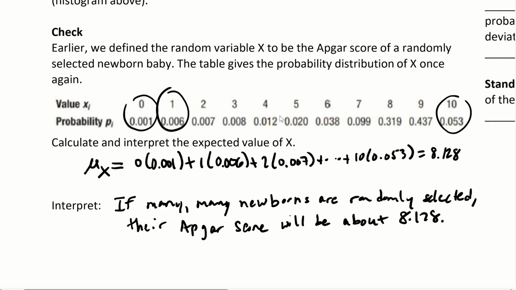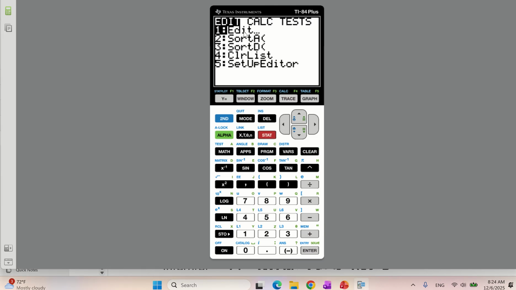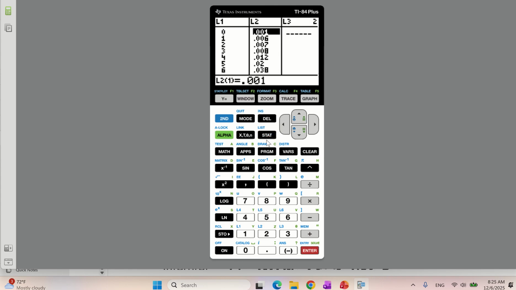Let me show you how to do this on the calculator. This is on the graphing calculator, the TI. You'll want to go to stat like we normally do, edit, and put your data for the Apgar scores, the X values, the scores, in one list, and then the probabilities in another list.